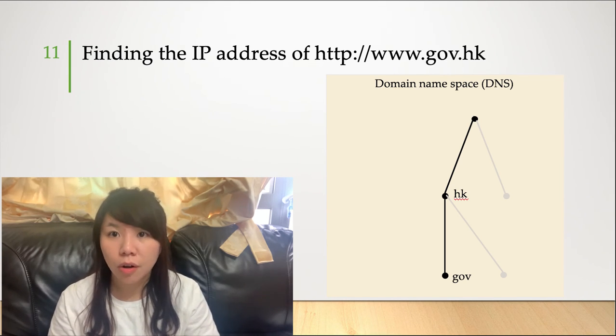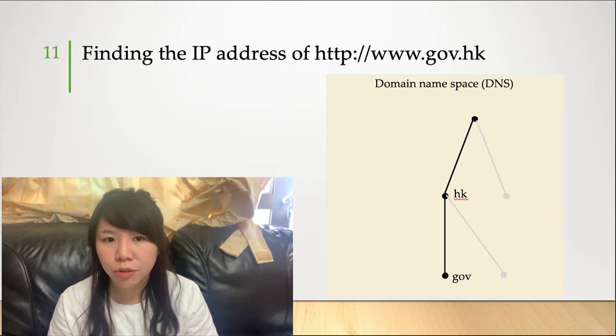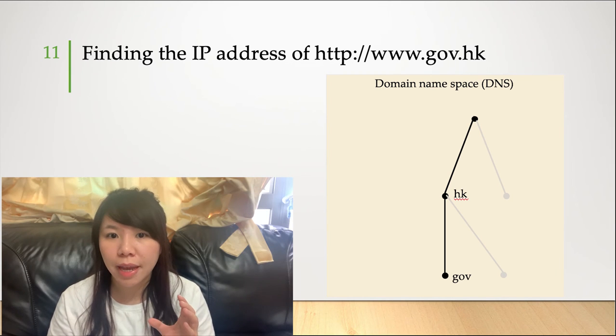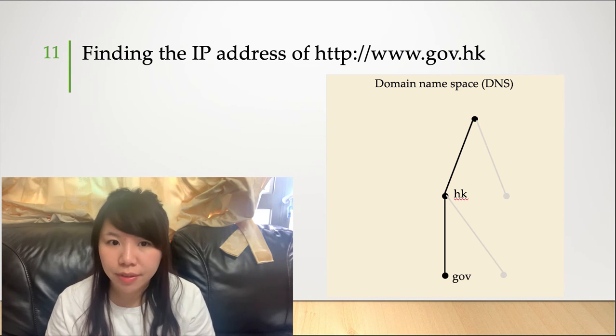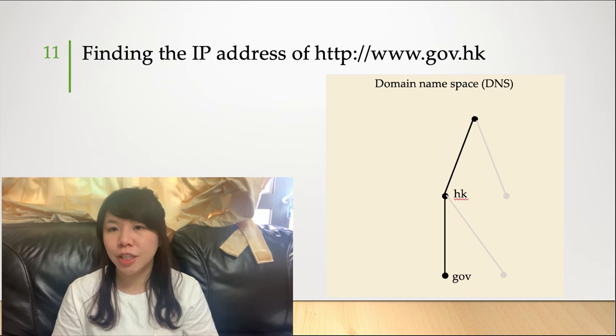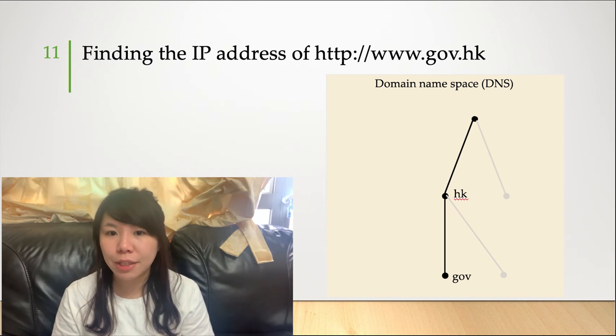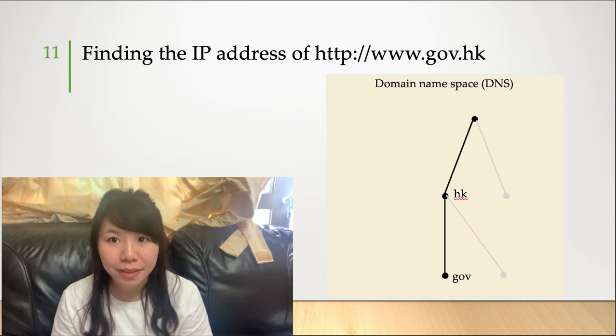The goal of the domain name system is to decentralize the administration. The subdomains can be managed by different organizations. For example, gov.hk is managed by the government, while other domains with .hk can be managed by other companies.